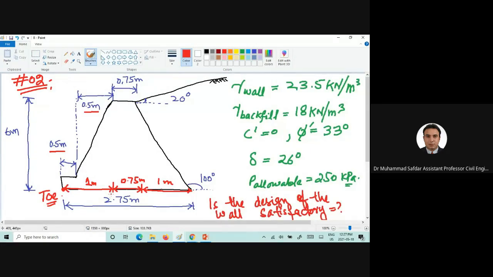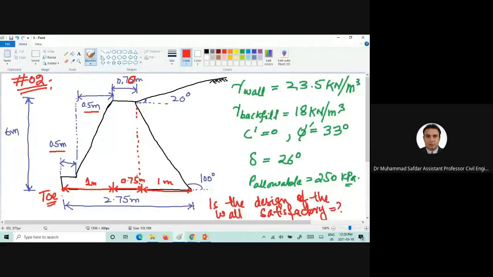Now you can find out the lever arm for this one. Now 1/3 of 1 meter. Okay. Let me check the data once again. 2.75. Okay, I have made a mistake here. It's 0.70. This one is 0.70 meter.